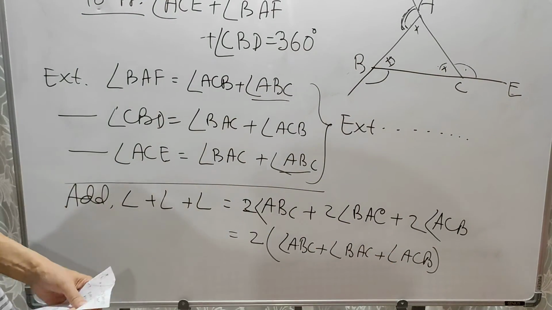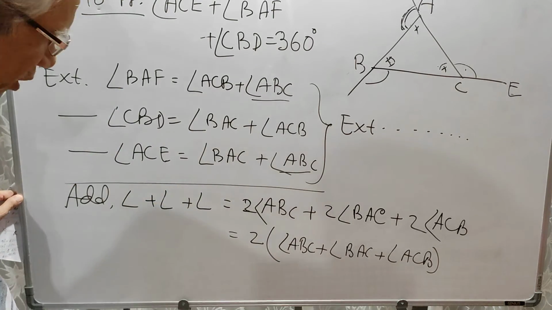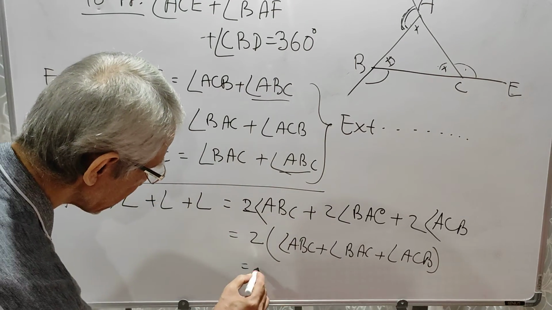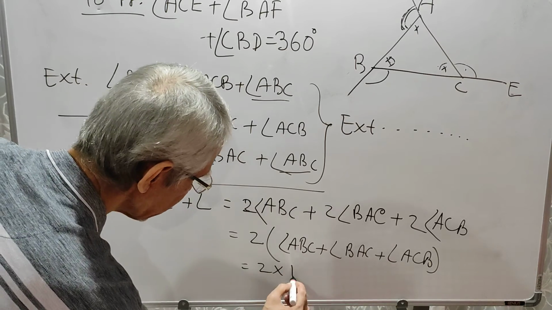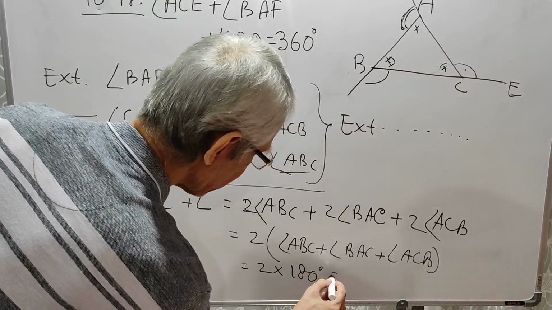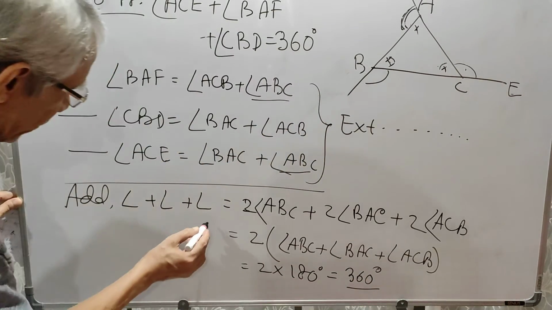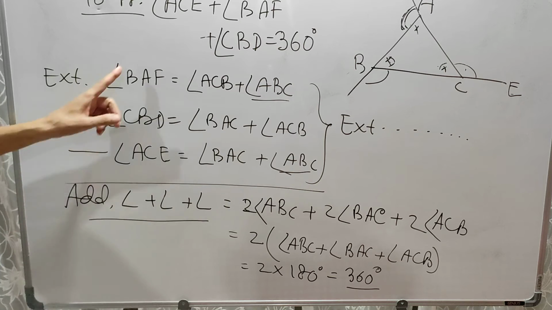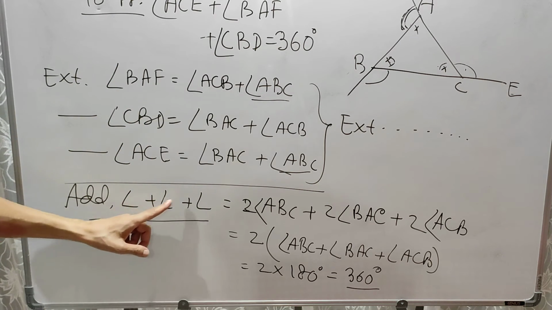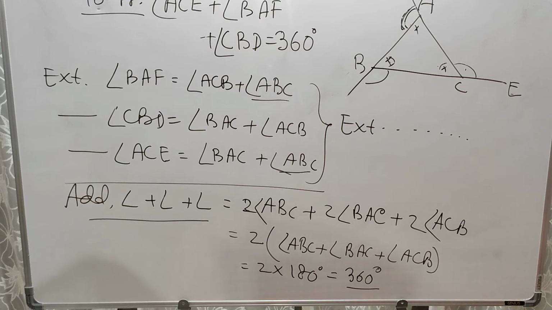So 2 into 180 degrees, therefore 360 degrees. You see, this is proved. You will write it properly. So proved, 360 degrees. All right.